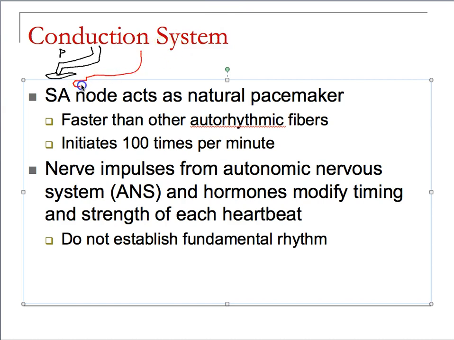And then over here, we're going to have S, sympathetic, so this is going to release epinephrine, that's epi, norepinephrine, and over here, we're going to release acetylcholine, ACh. And that's important because if we want to change how fast or how slow the heart is beating, you have to use these neurotransmitters that act on the SA node that then change everything else inside of the heart. And by that I mean the rate at which blood exits the heart from the ventricles.